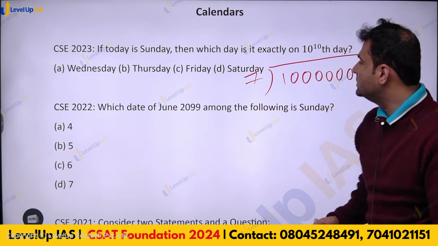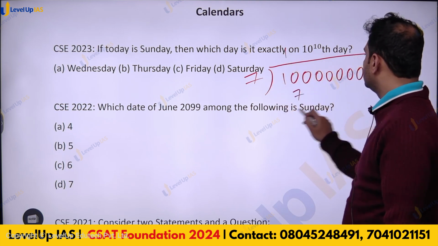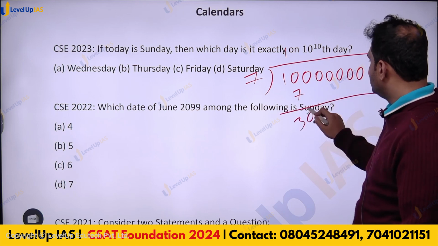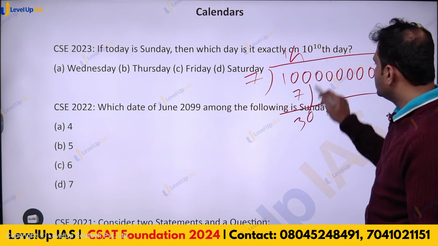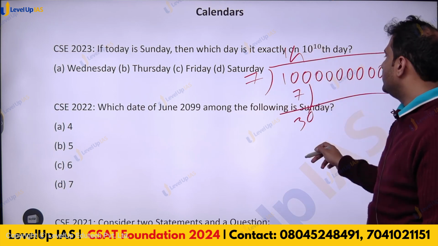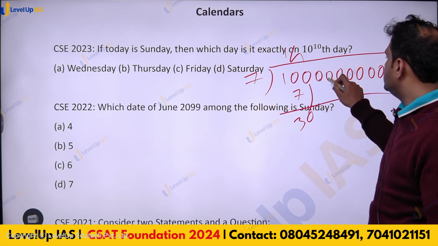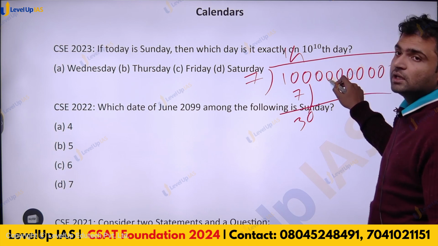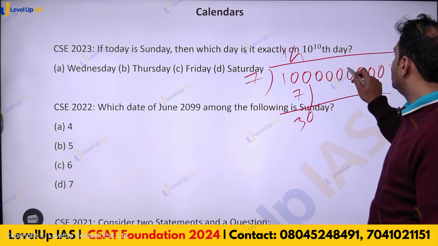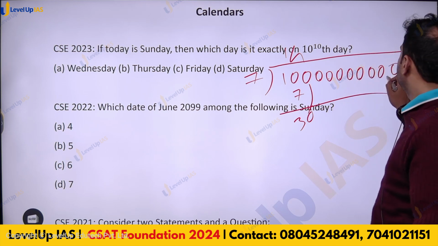7 ones are 7, remainder 3. We have 3. This 0 comes down. Then 7 4s are 28, and continue like this. 7 4s are 28. You get remainder as 2. This 0. 7 2s are 14. 6 0. Then you have 7 8s are 56, 4 0, then 5 0, 1 0, then 3 0, 2 0.